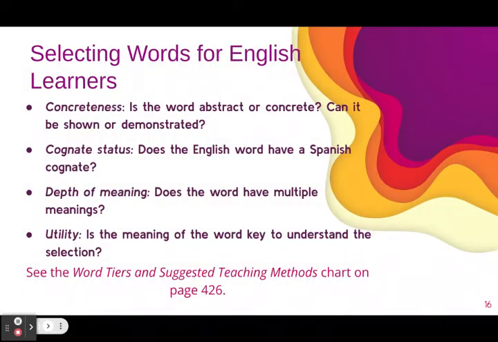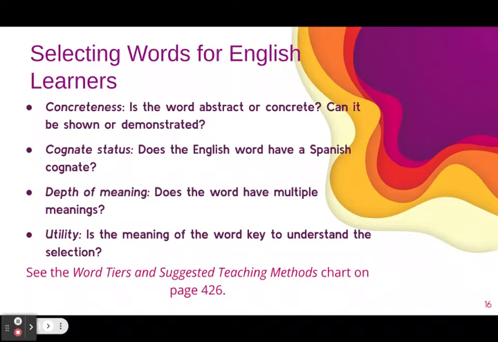So this touched in the video as well, but selecting words for English language learners, you want to make sure that you're thinking about English language learners. They're no different than a child who is not learning English. We all need to know vocabulary. It's just when you're taking in a new language, you're constantly learning vocabulary.